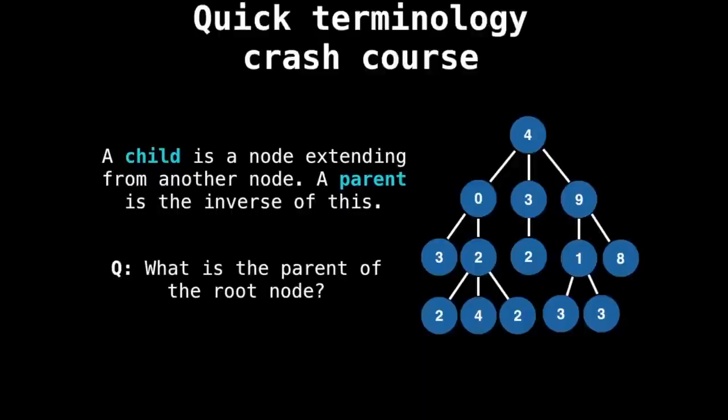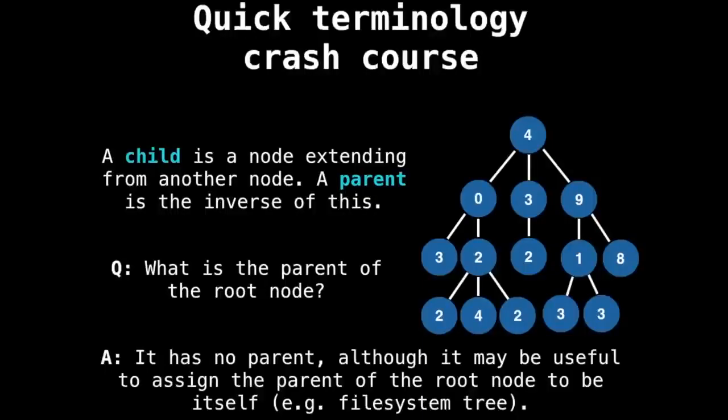So a child node is a node that extends from another node. Think of it as going downwards, and a parent node is the inverse of this, so you're going up towards the root. So we have an interesting question, and that is, what is the parent of the root node? The answer is that the root node has no parent, although sometimes it may be useful to say that the parent of the root node is itself.